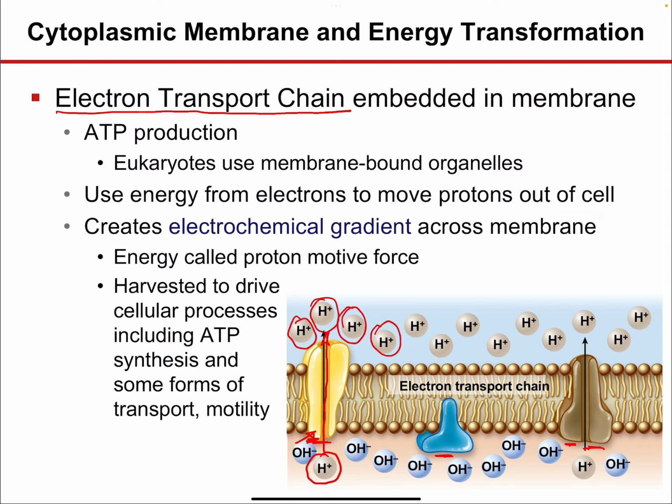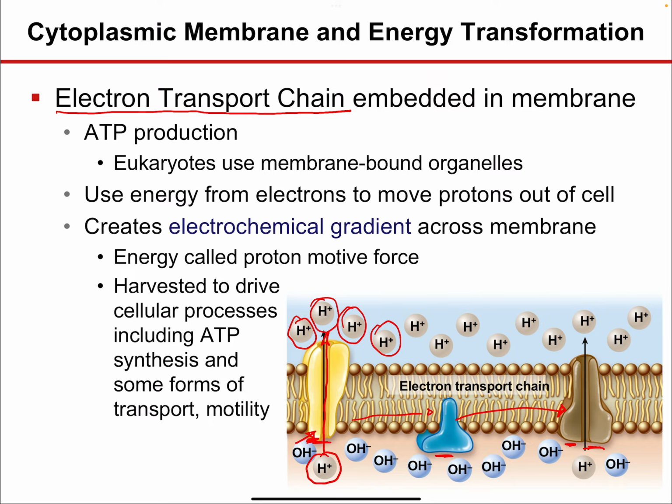Then the electrons, now with less energy, are going to be transferred to another electron acceptor. And from that electron acceptor, the electron is going to be sent to another electron acceptor. And that electron acceptor, however, is a pump that is going to suck energy out of the electron.